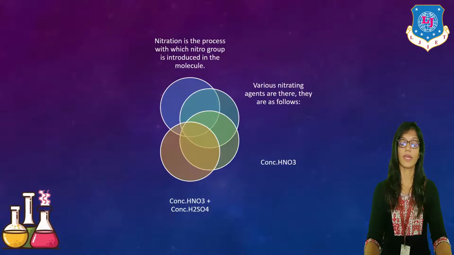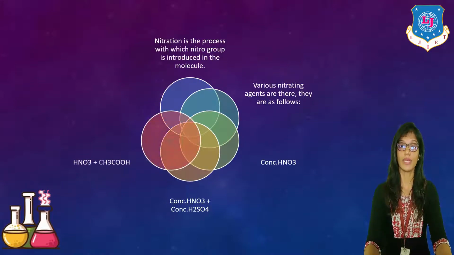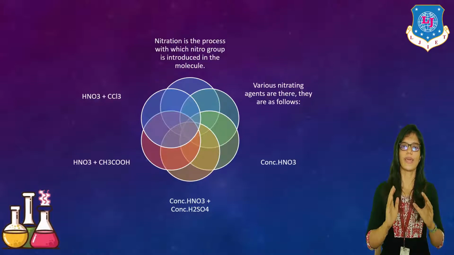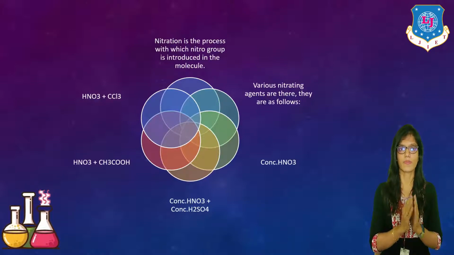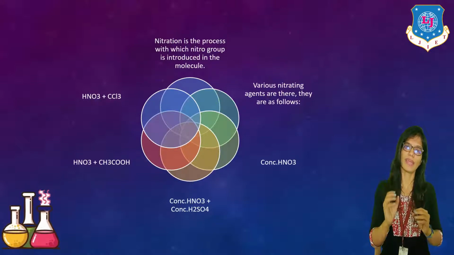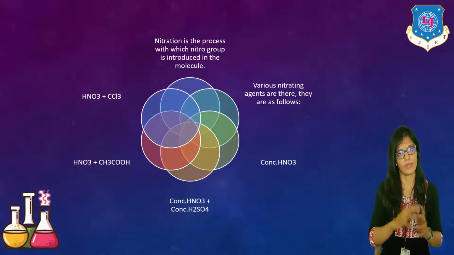Then we have concentrated HNO3 plus CH3COOH. Last but not the least, concentrated HNO3 plus CCl3. In general, these are known as nitrating agents which are most widely used for the nitration process. They all give rise to the nitro group, which will be attached to that particular compound.